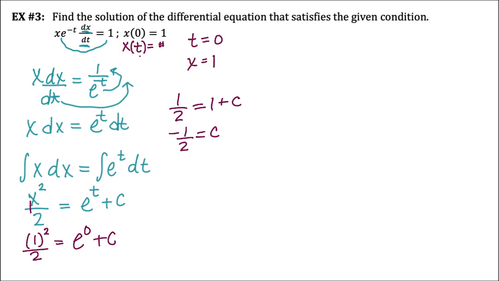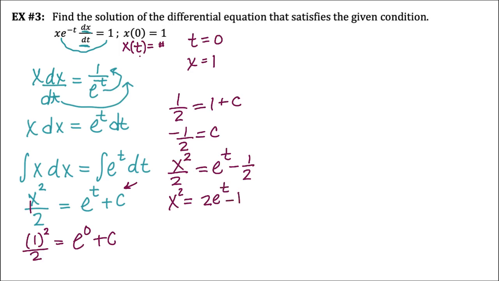So moving back down here, we have x squared over 2, we're right here, equals e raised to the t power, and then minus 1/2 because that's your c. All right, and so we need to solve this to say x equals, and so I'm going to multiply everything by 2. So that's 2 e to the t minus 1.